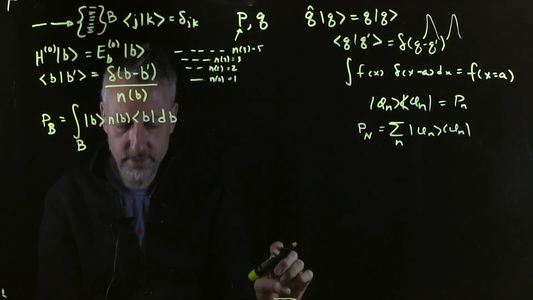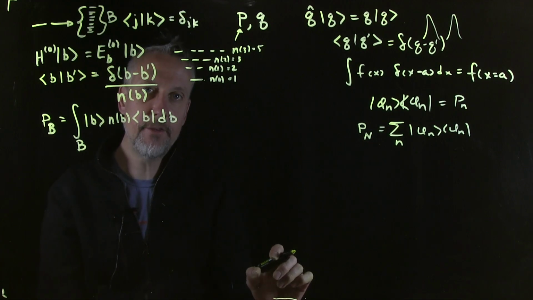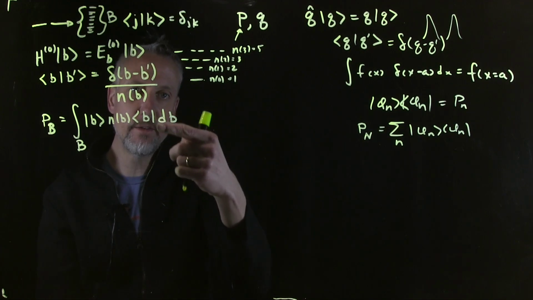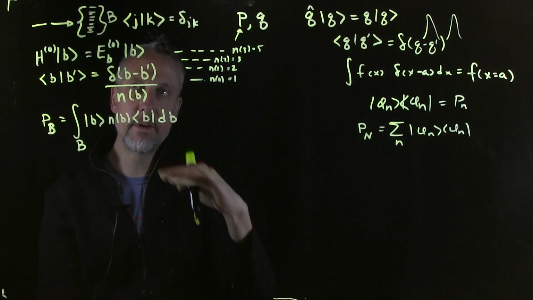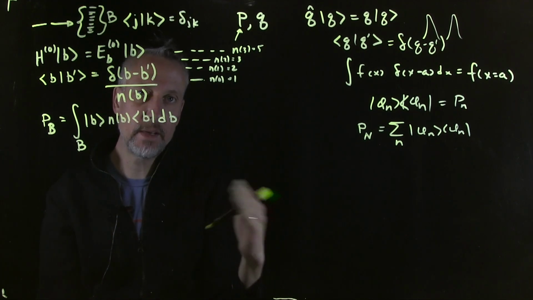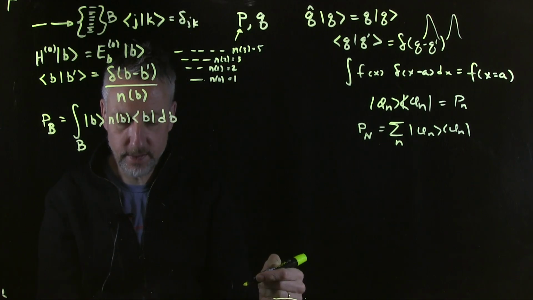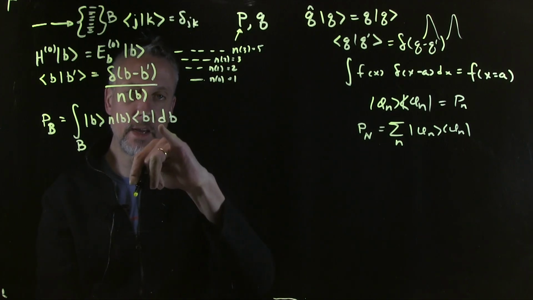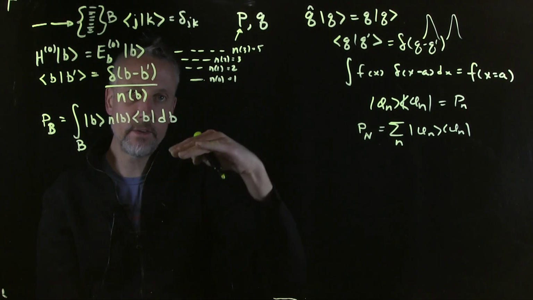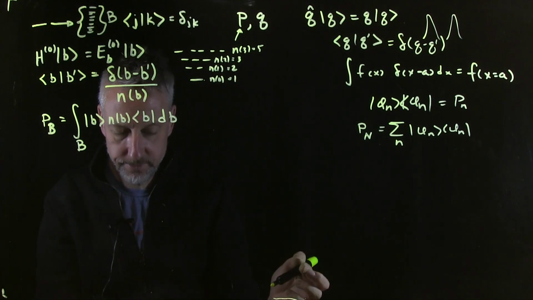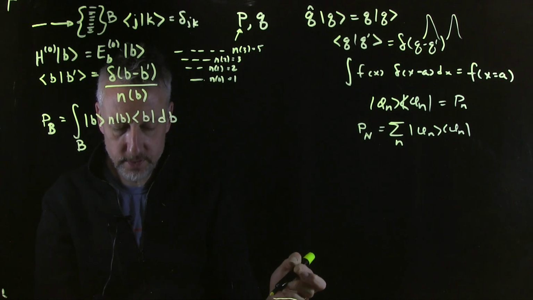All right, so what we're going to do is we're going to change the variable. So instead of integrating over the quantum number, we're going to integrate over the energy value. That's not a big deal. That's just a sort of simple mapping, right? If you can add up all the values over B, you can certainly add up all the values over the energy. Okay, so that's what we're going to do there.